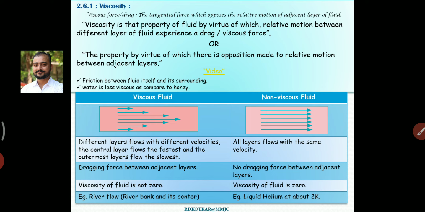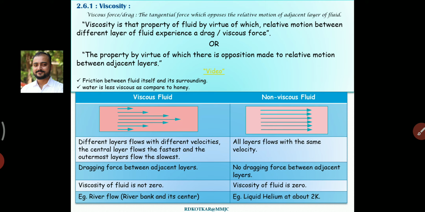All have the same direction, but some are moving with a lesser or greater value. In viscous fluid, all layers move with different velocities, while in non-viscous fluid, all move with the same velocity.